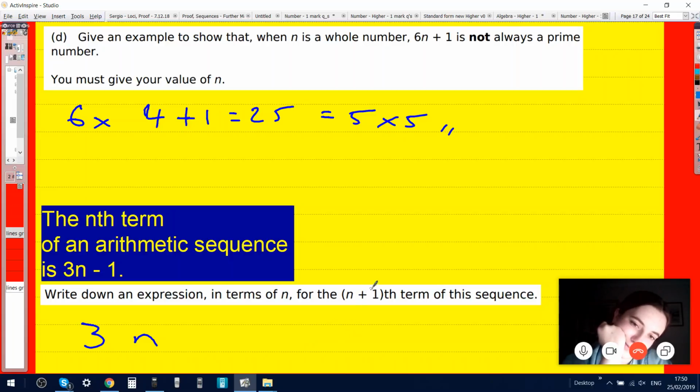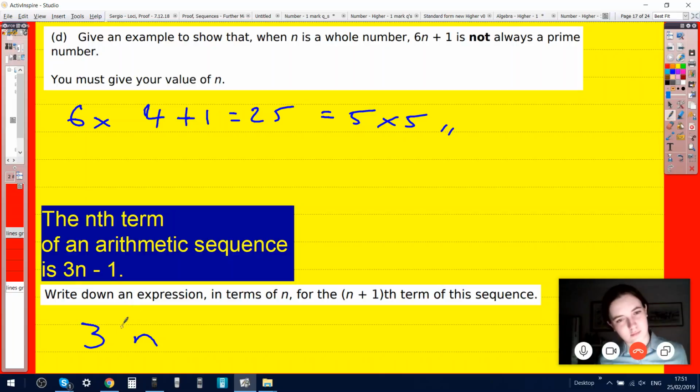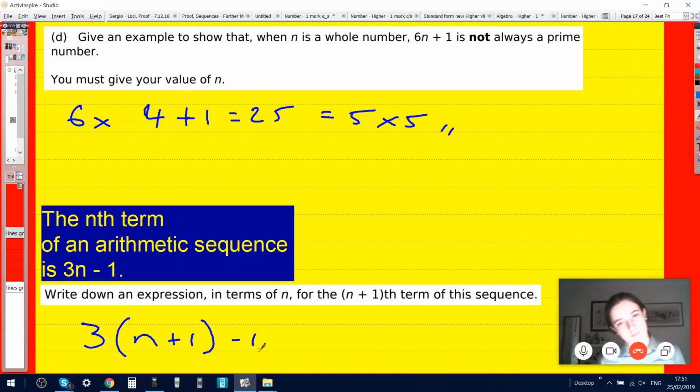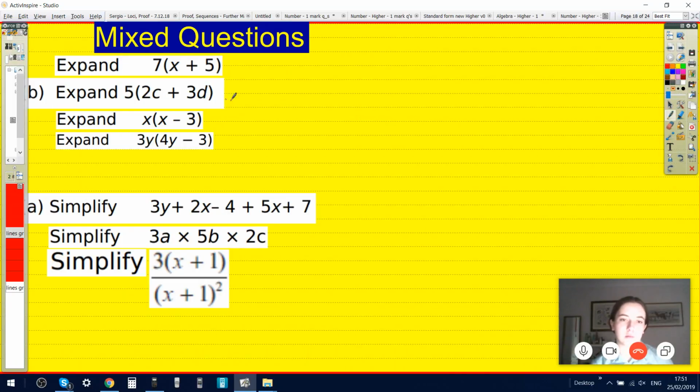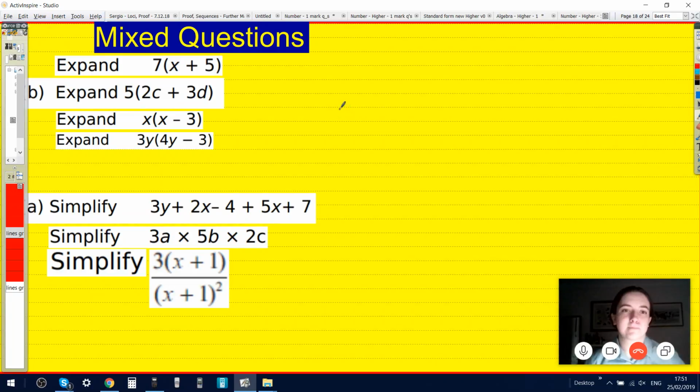And so the n plus 1th term, you sub n plus 1 for n. Oh, n squared. No, it is literally instead of n, n plus 1. What is this sequence going up in? 3. Yes, and so 3n minus 1 plus 3 would also be the next term after that. That's another way to do it.